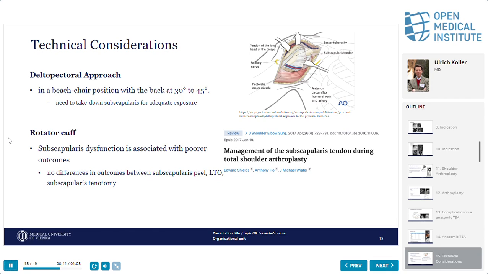And when you close the rotator interval or the pulley up there, you have a good fixation to the supraspinatus, and the infraspinatus will heal in a bony fashion. That's why I think it's better than the peel off or the tenotomy.